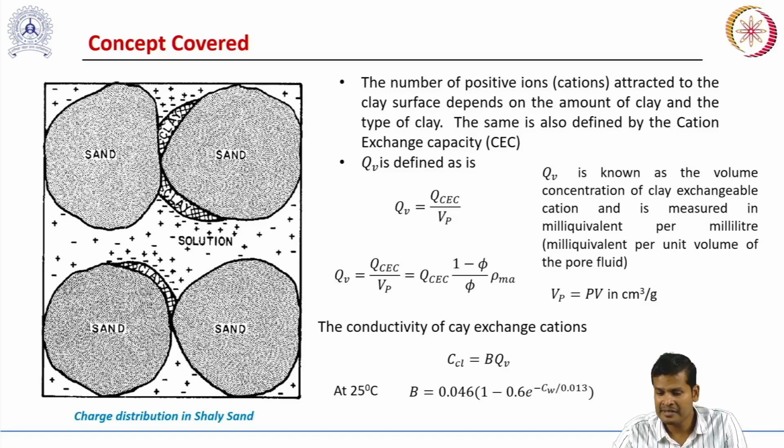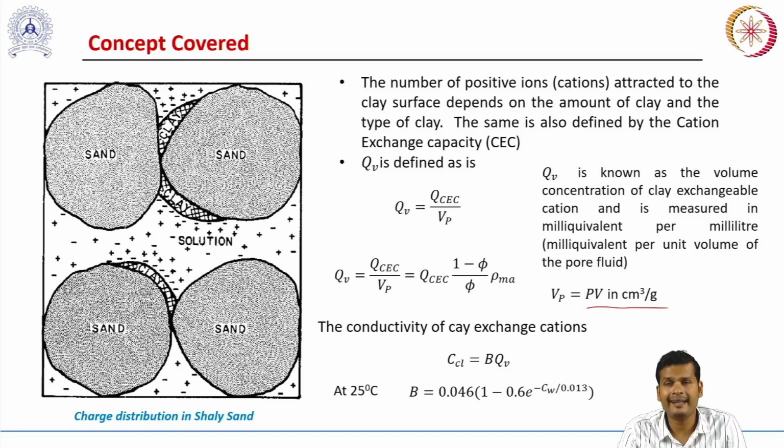Generally, cation exchange capacity is also defined in terms of QV, where QV is defined as the volume concentration of the clay exchangeable cation, and it is measured in milliequivalent per milliliter. So QV can be defined as QCEC divided by Vp, where Vp is the pore volume in centimeter cube per gram of our rock material.